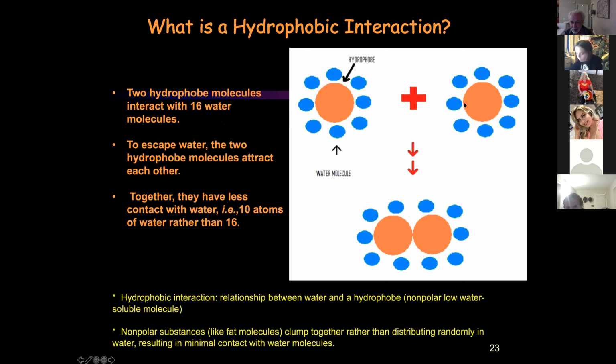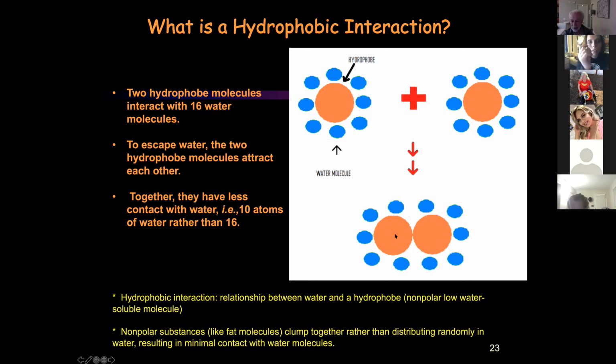And here's another hydrophobe with 8 molecules. But if these two can get together, they now like each other because they've formed a hydrophobic environment. And now, instead of 16 water molecules between the two of them, there are 10.